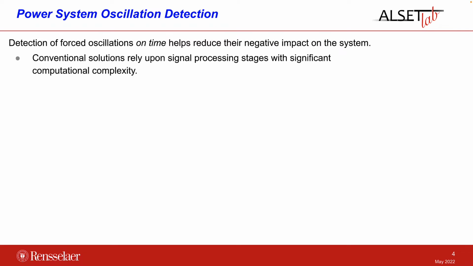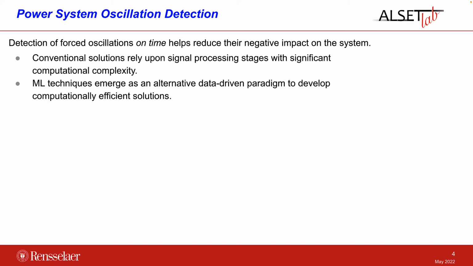Conventionally, this is done by complex signal processing algorithms that have a remarkable computational burden. So if we were to prioritize the computational efficiency of detection methods, we could have an eye on machine learning techniques, especially deep learning methods, which emerge as data-driven solutions that, once trained, could be deployed efficiently on computational pipelines, mainly because they are mostly a series of sequential linear algebra operations that nowadays have been greatly optimized.